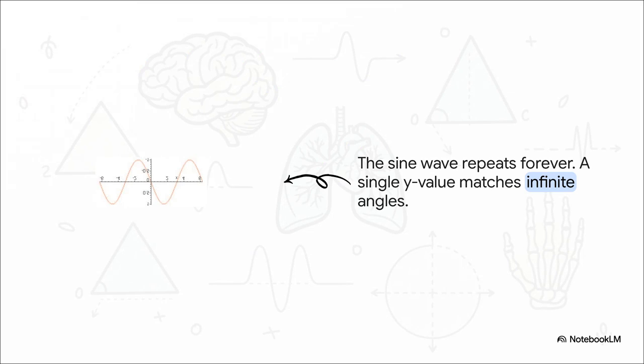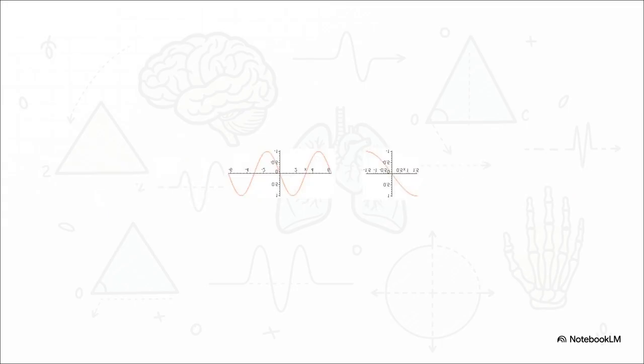But there's a catch. See, the sine function is a wave, and it goes on repeating forever and ever. So if you pick a value, let's say 0.5 on the vertical axis, and you look across, you'll see it hits the wave in an infinite number of different spots. That means we have way too many answers for a single question. So how do mathematicians deal with this? Well, they basically cheat. They just impose a rule.